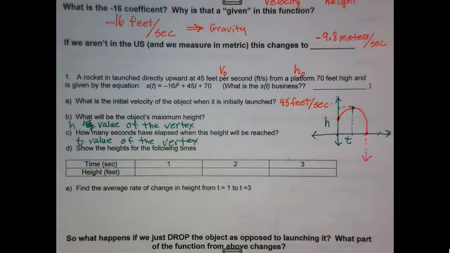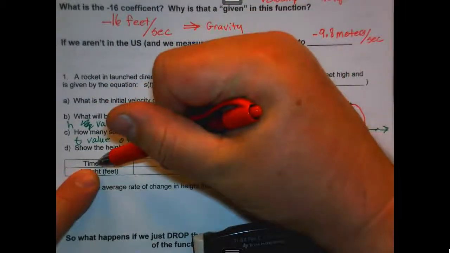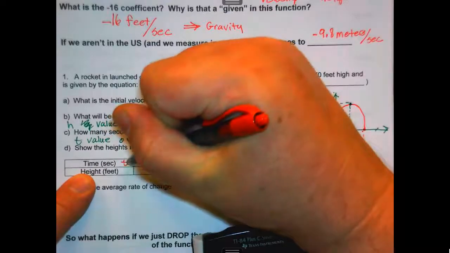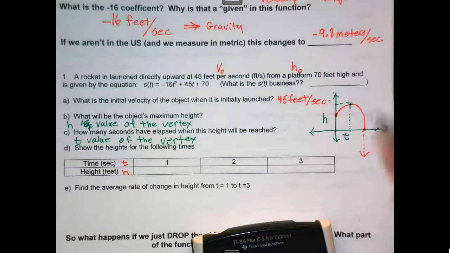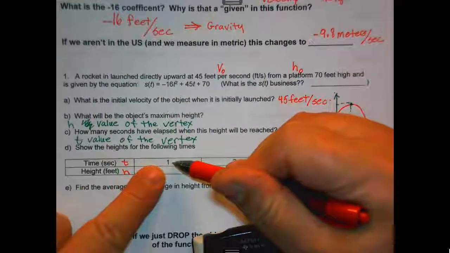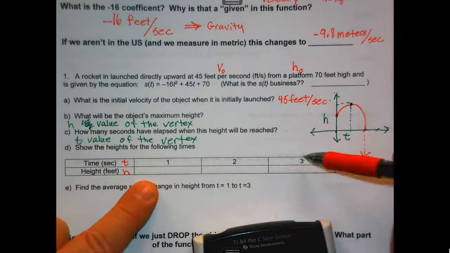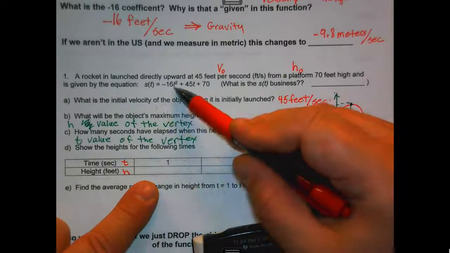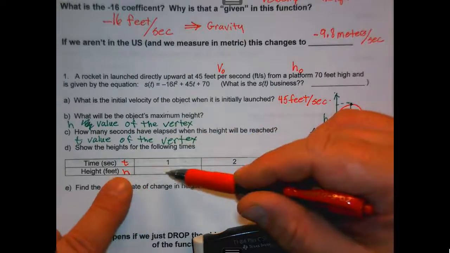Here's our t, time. Here's our h, height. Remember, this is our independent variable. They're asking us to choose 1, 2, and 3 for the time. That's our x value, right? We're going to plug these into our calculator and get the y value, or h value.